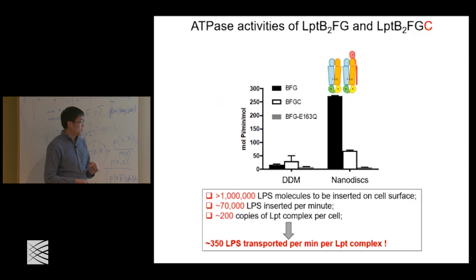And from a ribosome footprint assay, it's estimated every cell will generate 200 new copies of the Lpt complex. That translates into about 350 LPS transported per minute per Lpt complex. That corresponds quite well with this number, which is 250 molar phosphate hydrolyzed per minute per molar complex. So if we hydrolyze one phosphate to transport one LPS, this number roughly makes sense.